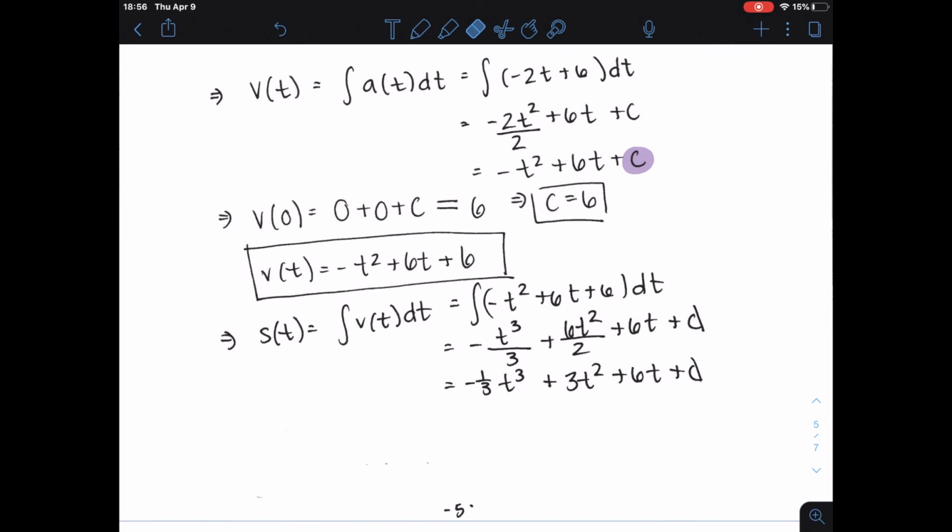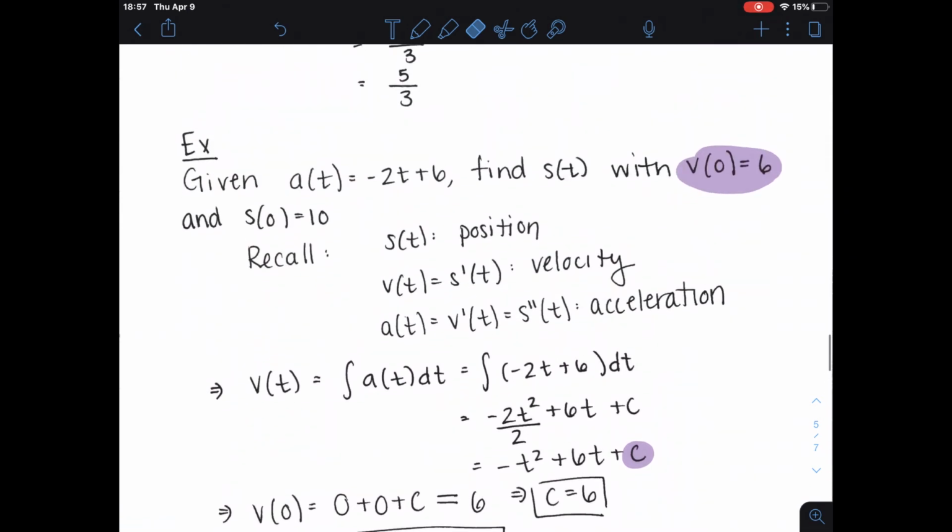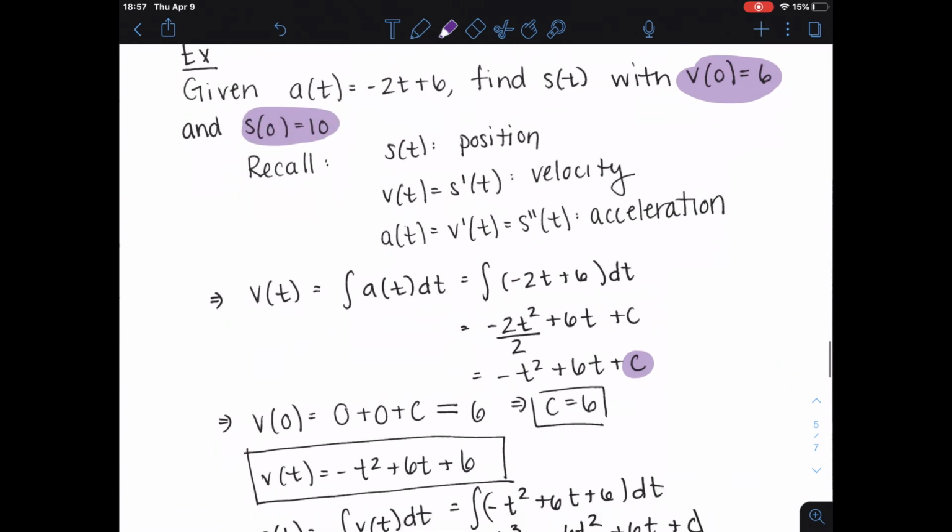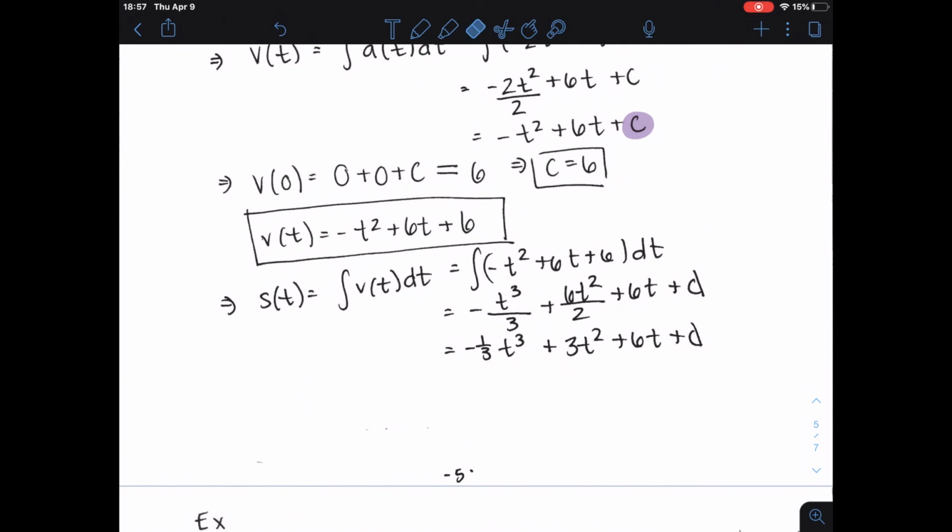And now I want to go ahead and use that initial condition I was given, that the position at 0 should be 10. So if we plug in s of 0, you're going to get 0 plus 0 plus 0 plus just d, and this better equal 10.